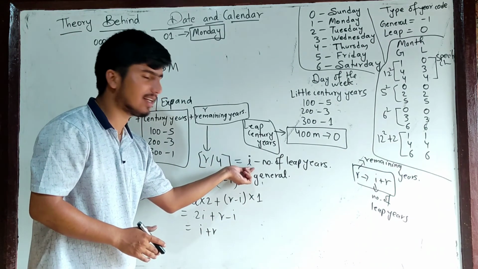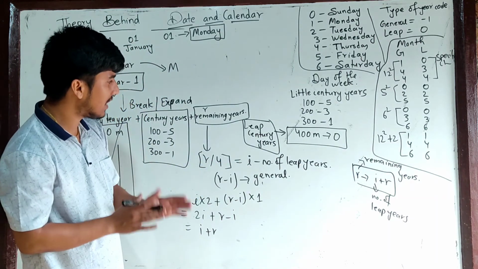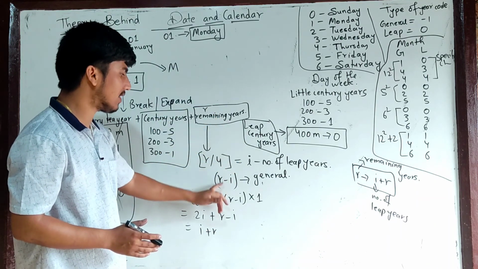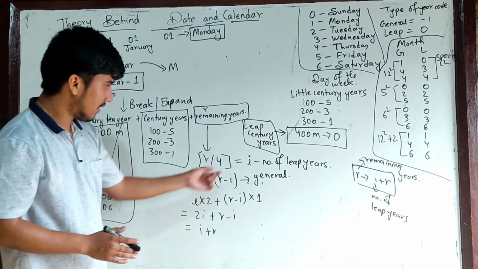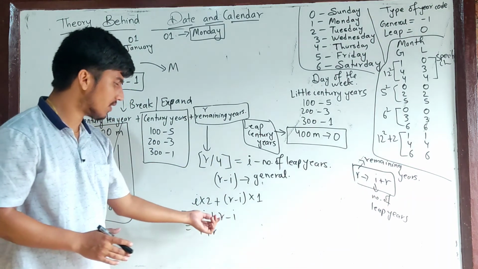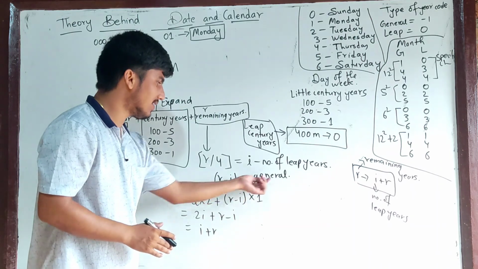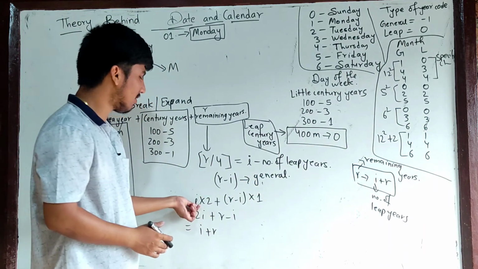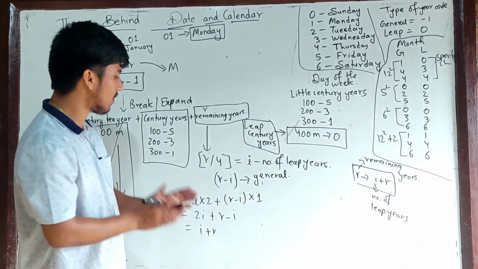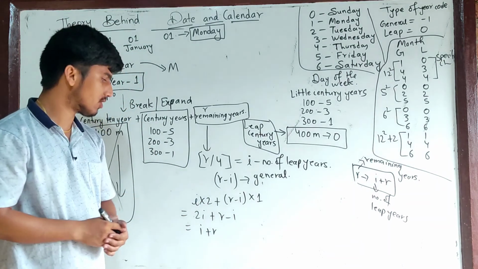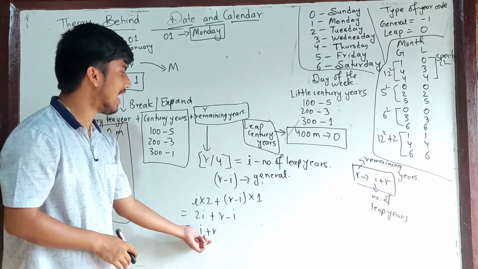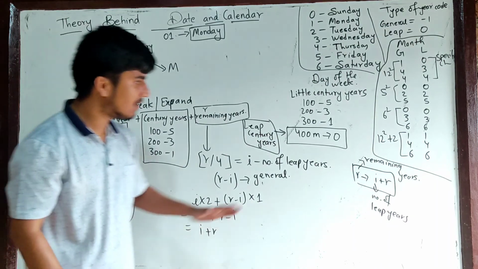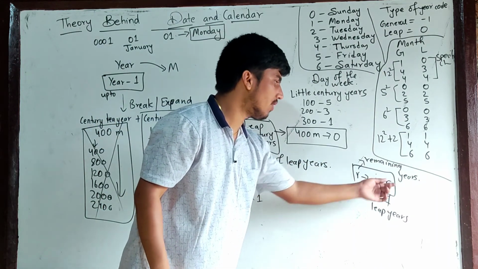This will give us an integer I. And then for finding the general years, we simply subtract I, the number of leap years, from R, that is R minus I. In general years there is 1 odd day in each, and in leap years there are 2 odd days in each leap year, so I times 2 is 2I. This gives us a value I plus R, which is the required number of odd days in the remaining years.